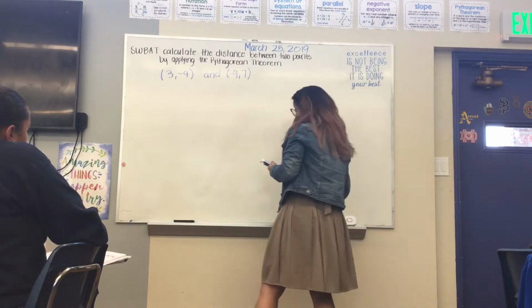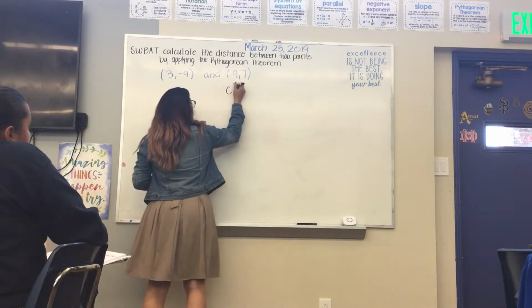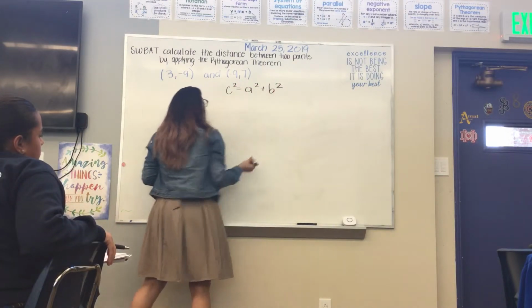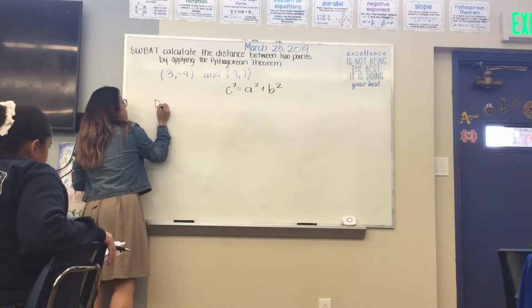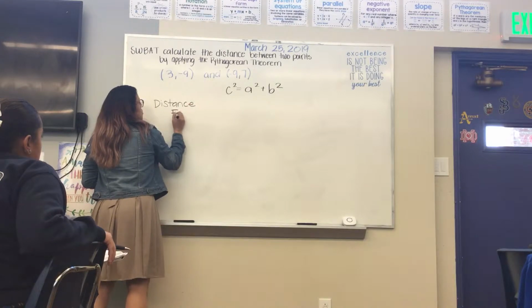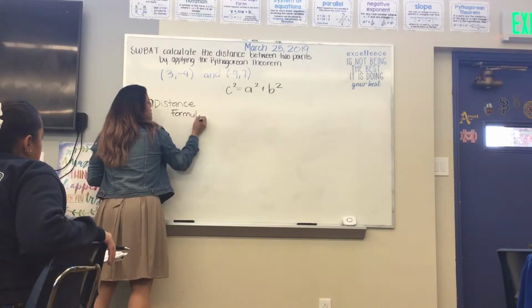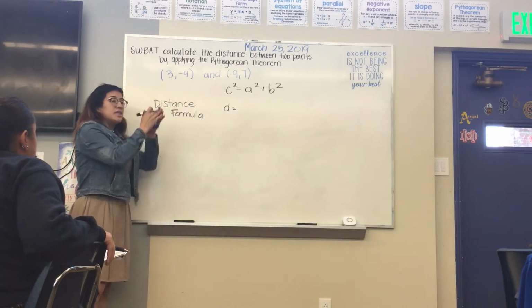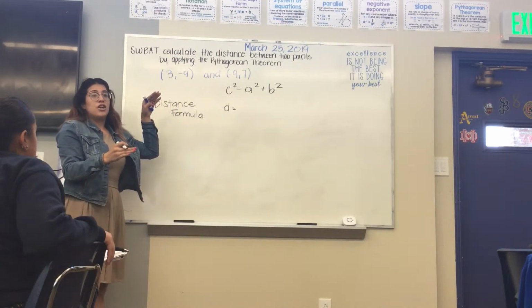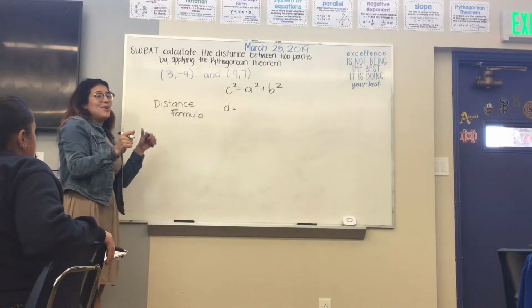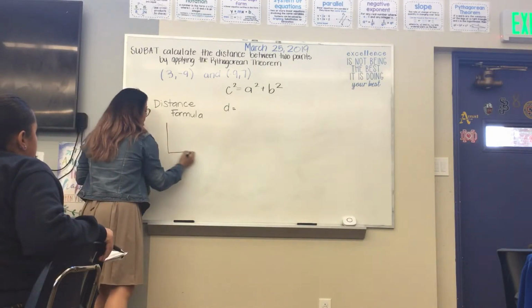I'm going to keep the Pythagorean theorem, C squared equals a squared plus b squared. Okay, the distance formula is d, which is the distance between 2 points. That long distance when it's diagonal is also the hypotenuse, the longest leg on a right triangle.